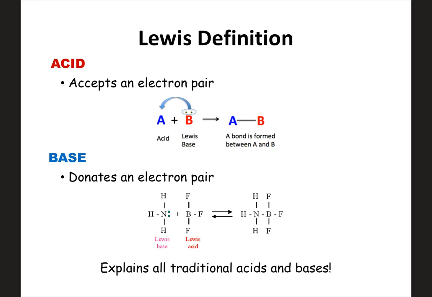Probably not, because the Arrhenius definition is probably the easiest to remember and makes the most sense. But you need to realize there are other definitions, and you might have to use these to identify acids or bases in this way. But again, you might be able to use the Arrhenius or the Bronsted-Lowry definitions to help you. But this is the more traditional definition of an acid and a base.